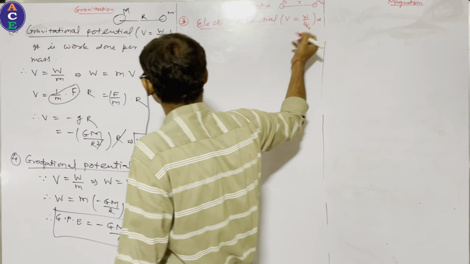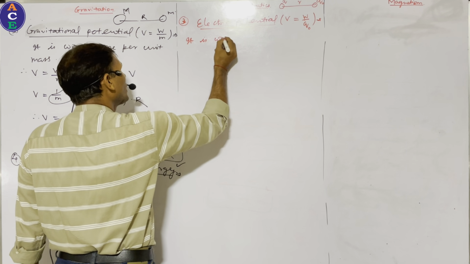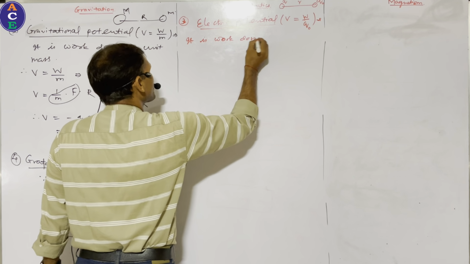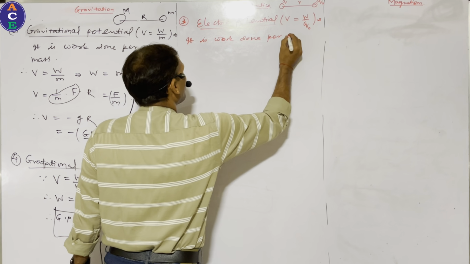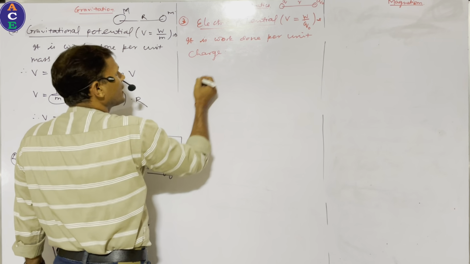So if we wish to write the formula, it is work done per unit charge.